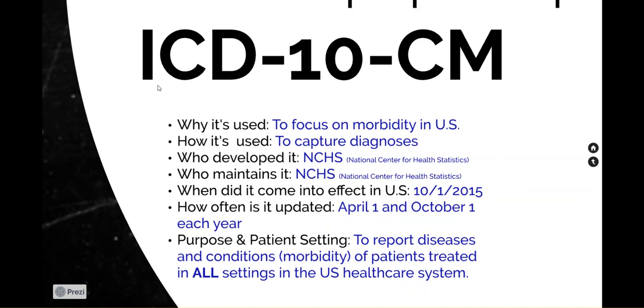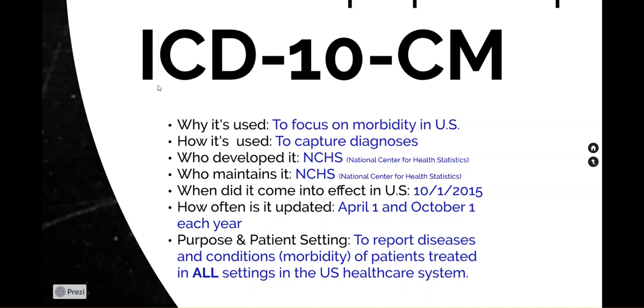ICD-10-CM became effective. It was started to be used in the United States on October 1st, 2015. Yes, you're going to have to remember this date, okay? It's actually quite a big date in medical coding history in the United States because it took a long time for ICD-10 to even be implemented and used nationwide in the United States.